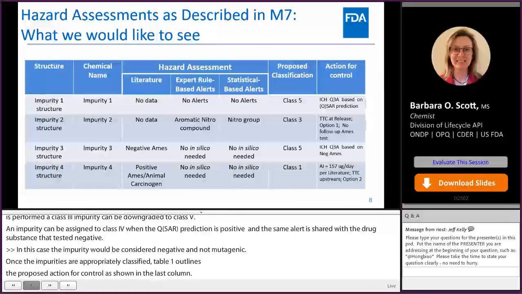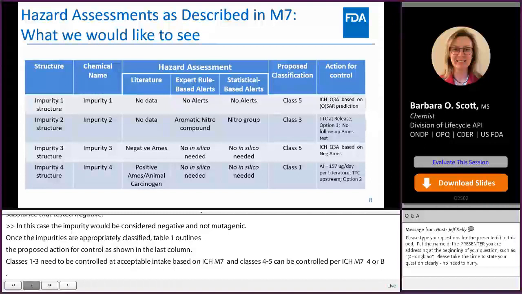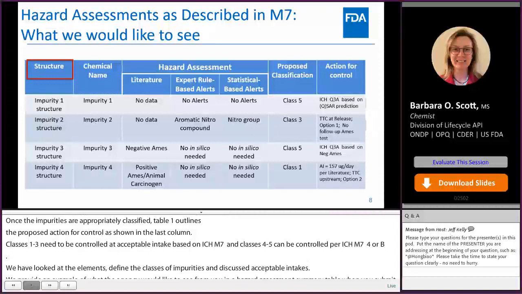We've looked at the hazard assessment elements, defined classes of impurities, and discussed the acceptable intakes. On this slide, we provide an example of what the agency would like to see from you in a hazard assessment summary table when you submit your DMF or drug substance to the agency for review. The table should include the structure, the chemical name.